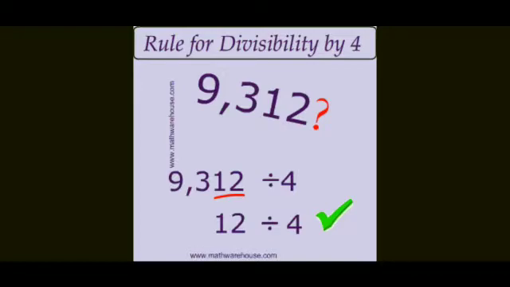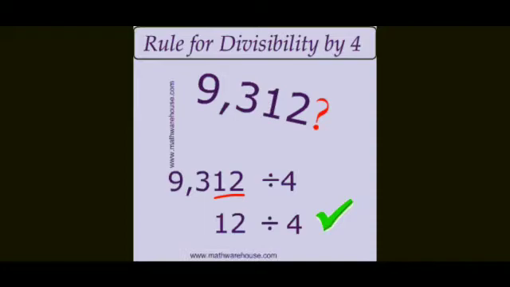Next, write an example, e.g. 9312. Don't copy the same, right? Below that you write: 12 can be divided by 4.